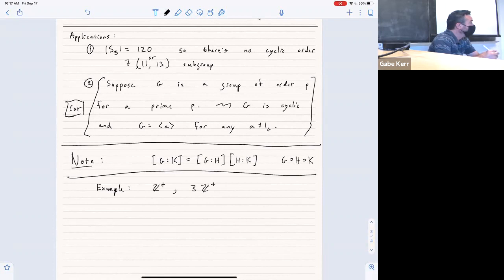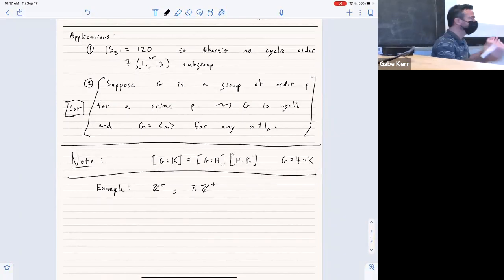Remember, the plus there denotes that we're talking about addition. It doesn't mean positive. And I know that's confusing. So this is a subgroup, right? We showed that this is a subgroup. In fact, all subgroups are something times Z plus.